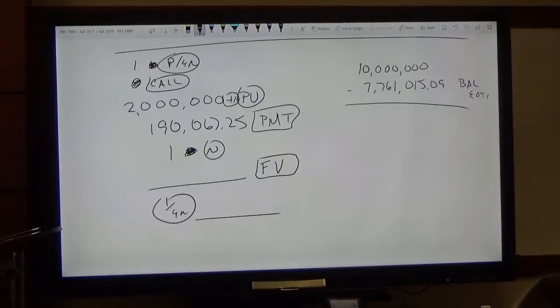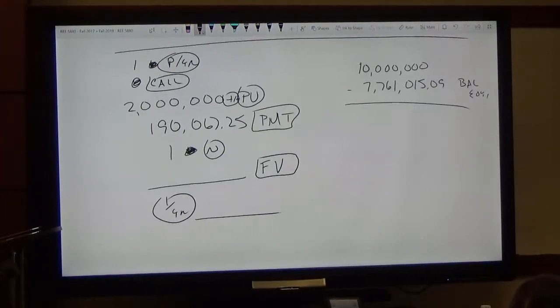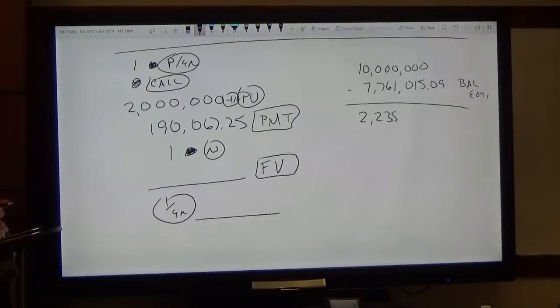All right, so let's take that, and we end up with 2,238,984.91. So that is the number that we're really going to get back at the end of the year when we resell this on a before-tax basis.